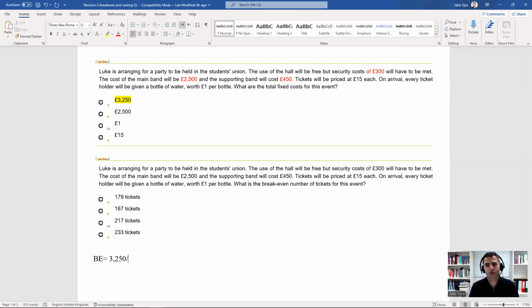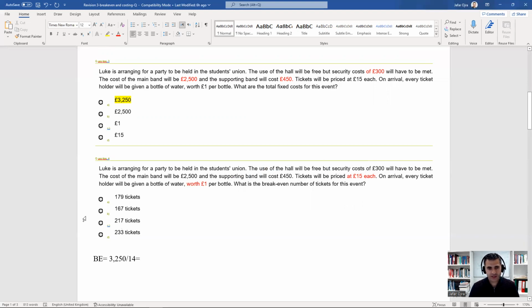The contribution per unit is the selling price per unit minus the variable cost per unit. The selling price per unit is 15 and the variable cost per unit is £1, the only variable cost. So that's 14.